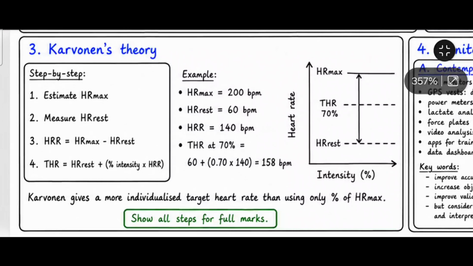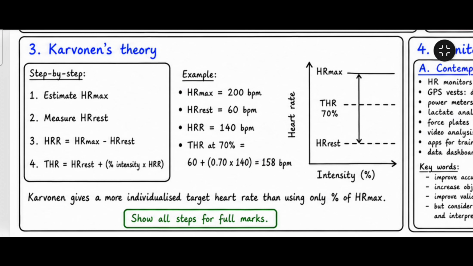So the step-by-step Karvonen method: step 1, estimate heart rate max or maximum heart rate. Step 2, measure heart rate at rest. Step 3, measure heart rate recovery, and step 4, measure target heart rate. And you can see we've got all of the formulas that you need on the screen.